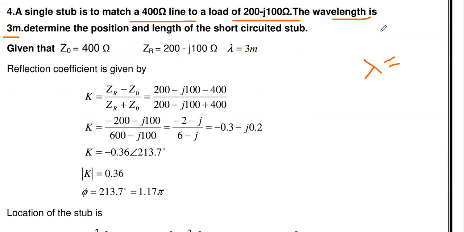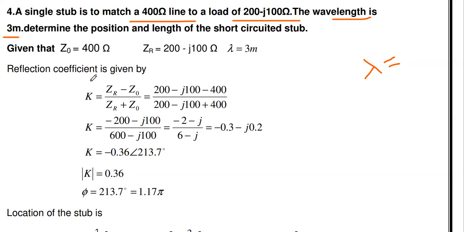In the previous problem, frequency was given and we calculated lambda, but here the lambda value is directly given. Determine the position and the length of the short circuited stub. The same thing: first you note down the given data. Z0, characteristic impedance is 400, load is 200 minus J100, and the lambda is 3 meter.